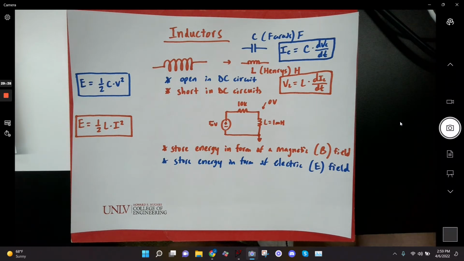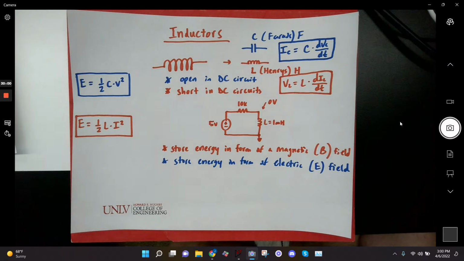In simple words, what does an inductor do, and how is it different from a capacitor? Because I understand capacitors, they store charge and they discharge. Well, a capacitor stores charge, and when it discharges, it can't discharge all of its charge instantaneously.